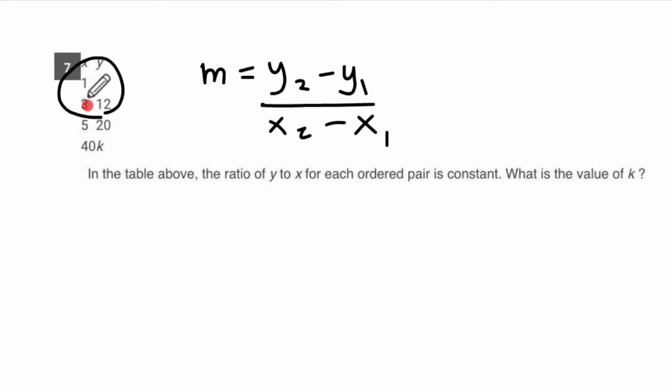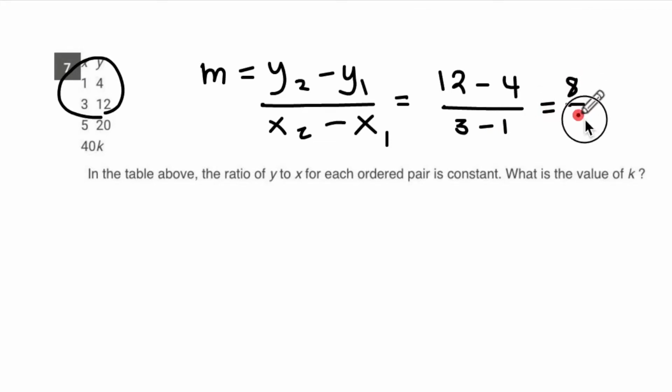So I'm going to find the slope between these 2 points. If it's constant, it means it's going to be the same slope between all the points. So let's do that one first. y2 would be 12 minus 4 over 3 minus 1, which would be 8 over 2. So our slope is 4.